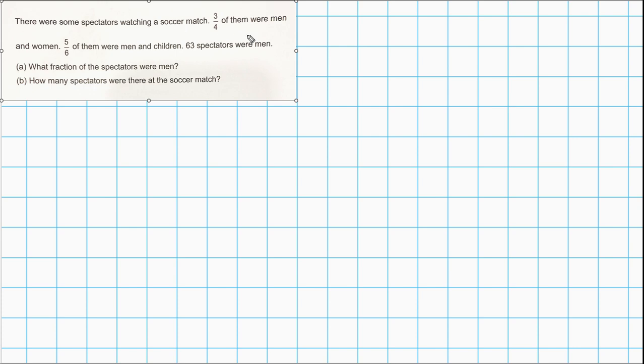Okay, so I thought this was quite an interesting question. So I'm just going to start drawing it and we see what happens. So I'm going to draw something that's going to represent all of the spectators. Okay, and we're dealing with this initial sentence there, where we first get some information.